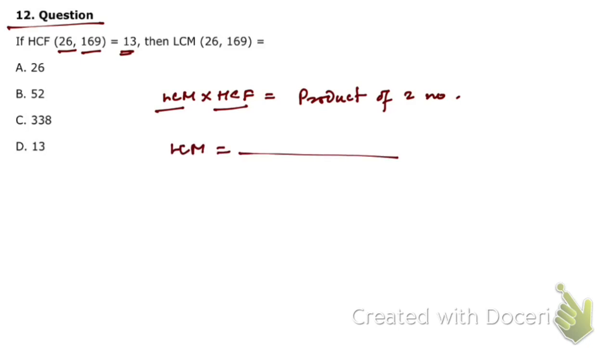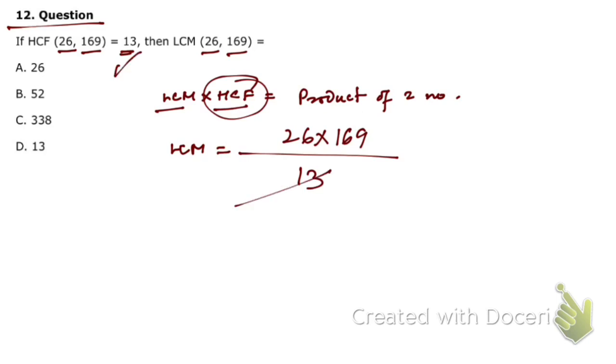Here we write the product of the two numbers, 26 and 196, divided by HCF. The HCF is 13 here, so this cancels. 2 times 196 is going to be 338. So this is the correct option, right?